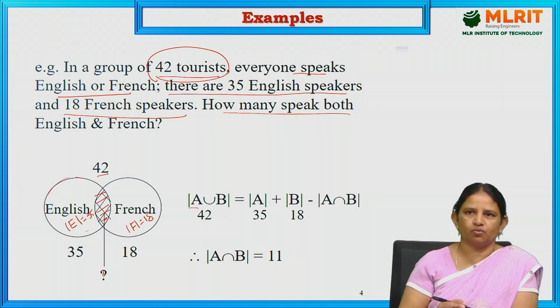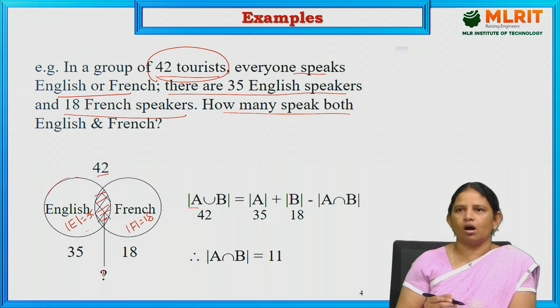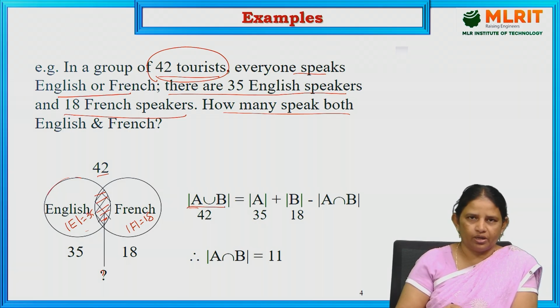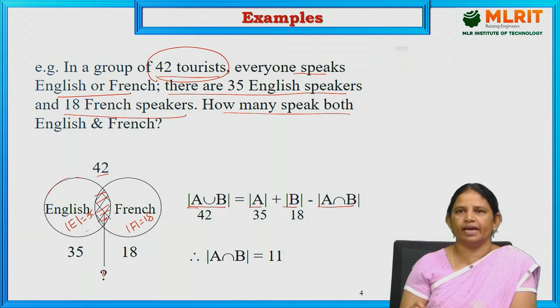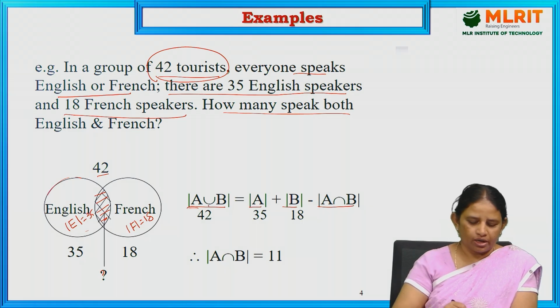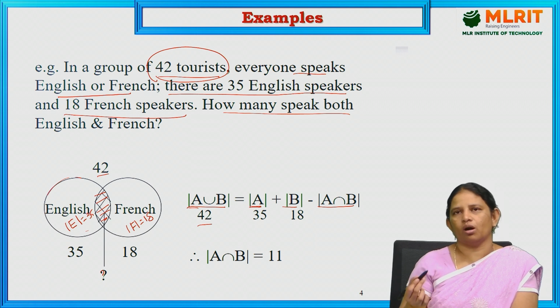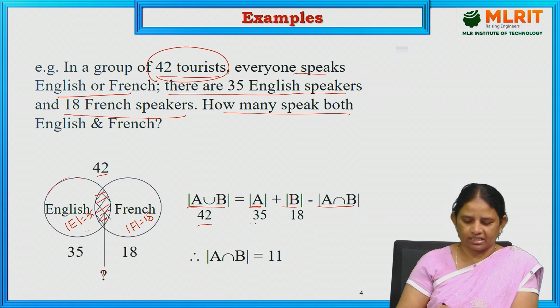Substitute all those values in the formula of the principle of inclusion exclusion for two sets. Mod A union B equals mod A plus mod B minus mod A intersection B. A union B, the total number of people, is 42, equal to mod A, the people who speak English, that is 35, plus mod B, the number of French speakers, 18.